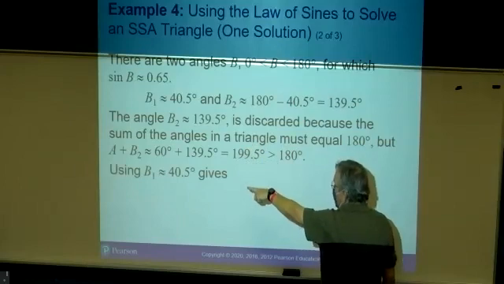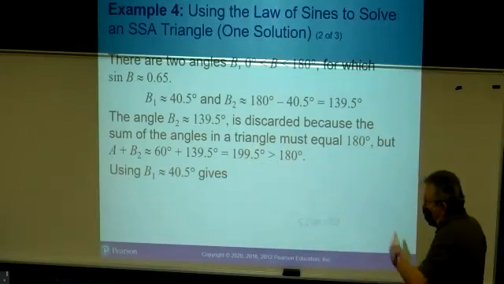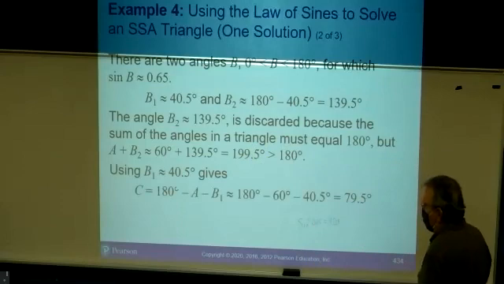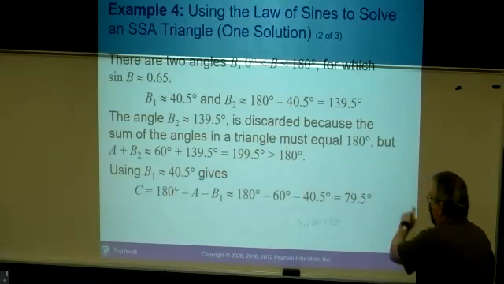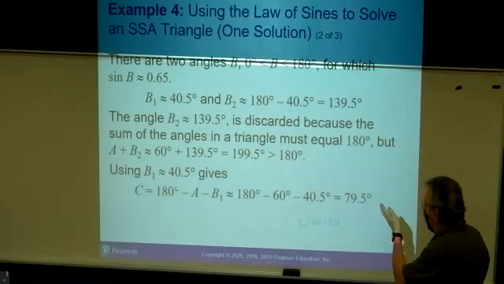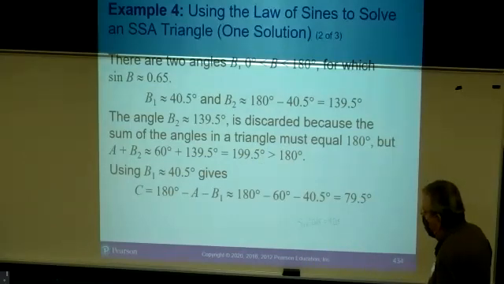So angle B is the 40.5. And so subtracting the 60 and the 40.5 gives us 79.5. And so the three angles are 40.5 degrees, 60 degrees, and 79.5 degrees.